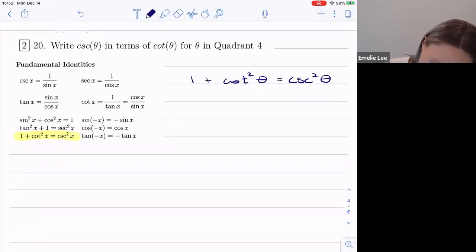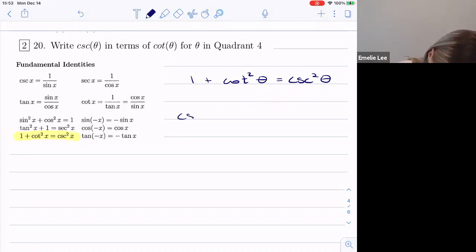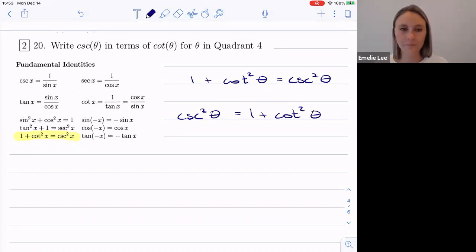First things first, I'm going to revolving door this. With the equal sign, I can shift things around so that it's nicer to look at, only because I want the cosecant squared theta on the left-hand side. Nothing's really happening besides rewriting here. Now I'm going to take the square root of both sides.